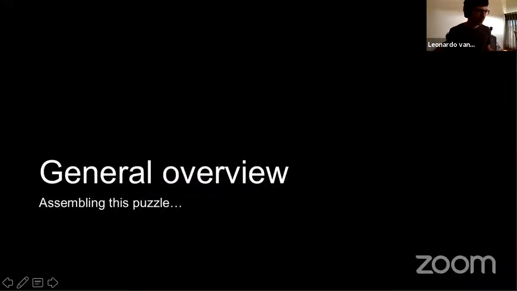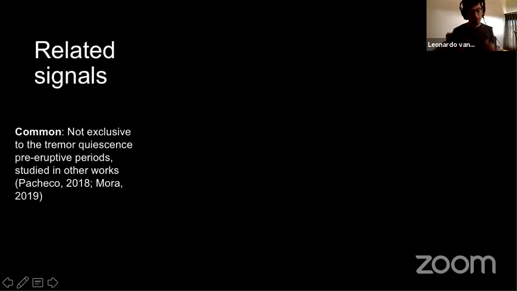So I'm going to give just a general overview to try to assemble this puzzle and connect these three moments in this activity. For that, it's important that we talk a little about some other signals that are related, that are not exclusive to these tremor quiescence stages, but are very similar.